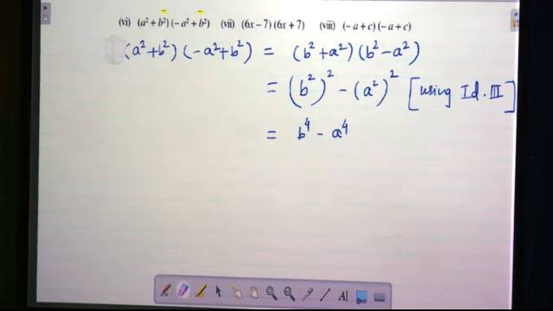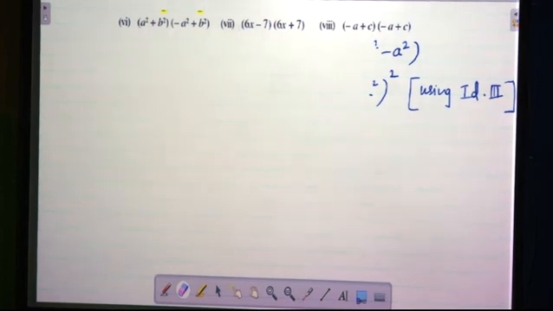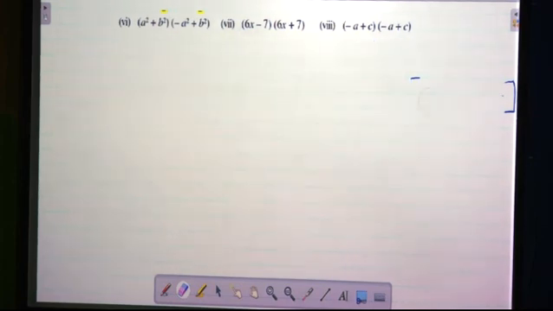We shall solve the seventh one. What is the seventh sum? In first bracket it is 6x minus 7 and in second bracket it is 6x plus 7.